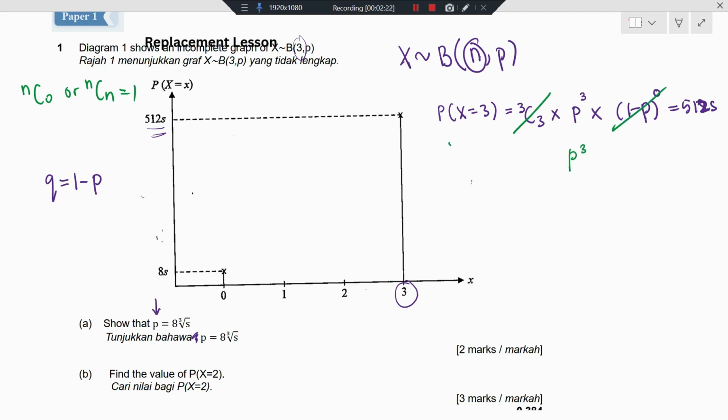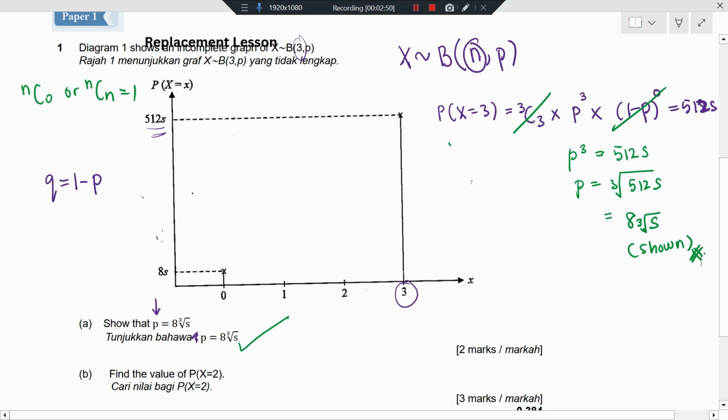So p cubed is equal to 512s, and p is the cube root of 512s. You can take the cube root of 512 to get 8, but s is still under the cube root, and this is what we need to show, and it is shown here. So that's how you do it.